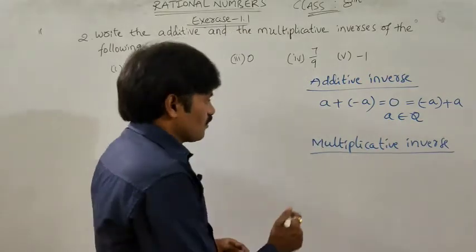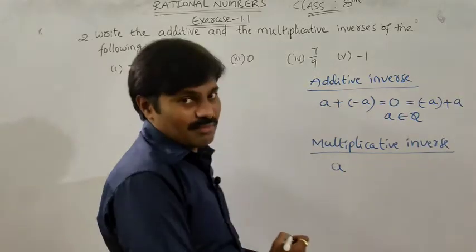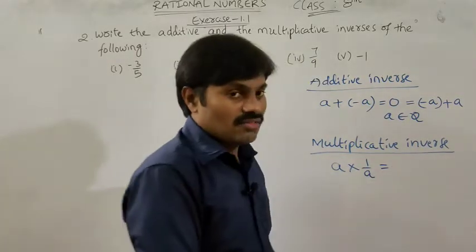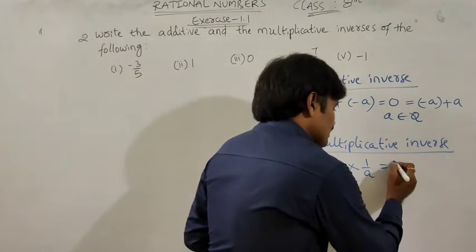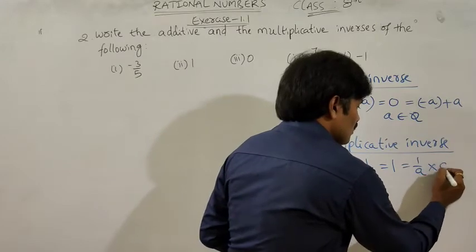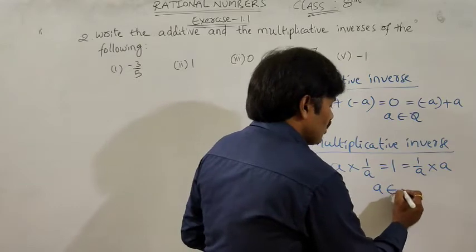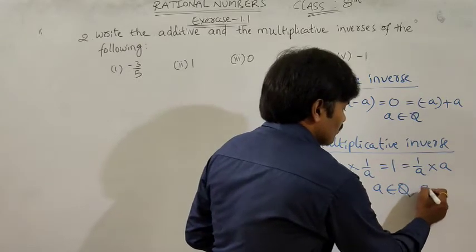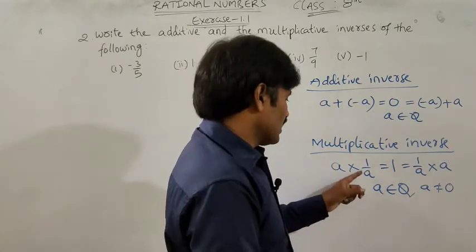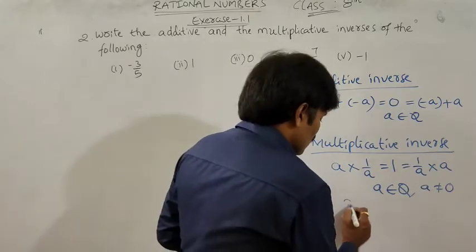So the additive inverse of 0 is 0 itself. Clear? And what about the multiplicative inverse concept? If a is any rational number and we multiply it by 1 by a, what is the product? We get 1. Similarly, 1 by a into a also gives the product 1, but here a is a non-zero rational number. If I write 0 into 1 by 0, is 1 by 0 defined?